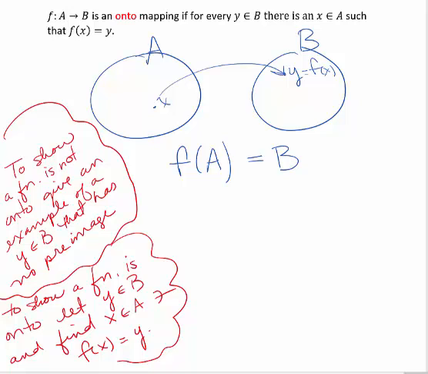So to show that a function is not onto, you just have to give an example of a y in B that has no pre-image.